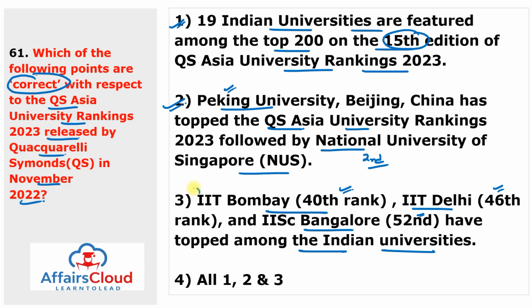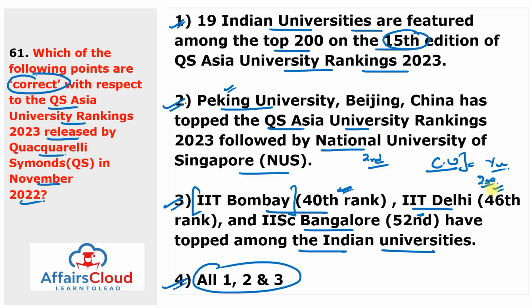So from India, the first rank goes to IIT Bombay, but the global rank is 40th. This statement is also true. So the answer of this question is all 1, 2, 3, 4. And you can also remember one important point that Chandigarh University has become the youngest university in Asia to feature in the top 200 universities in the QS Asia University Rankings.